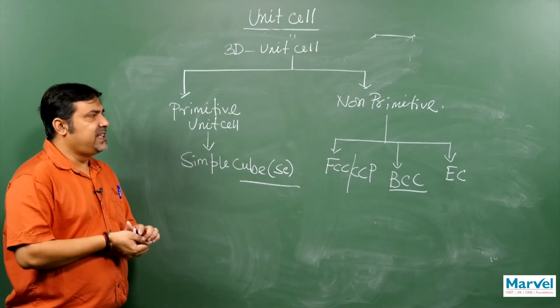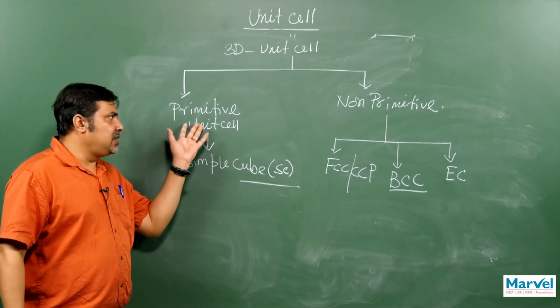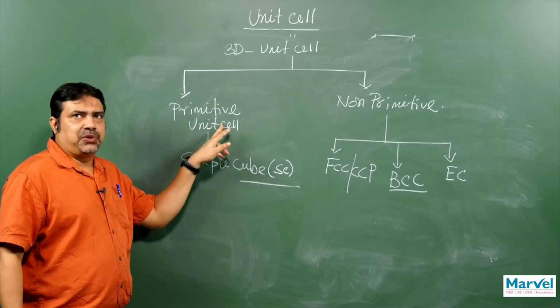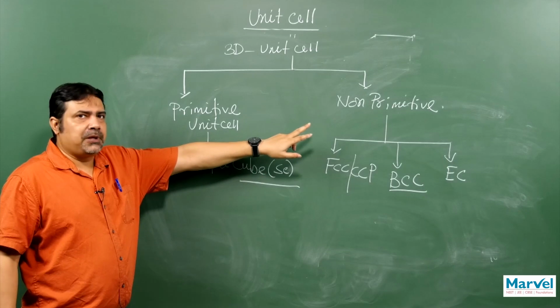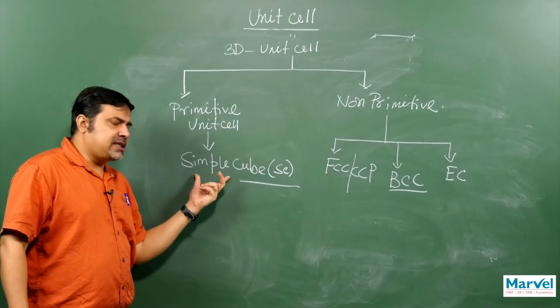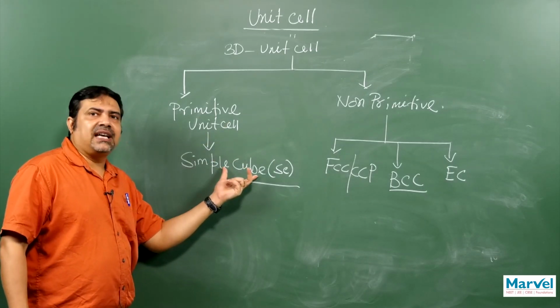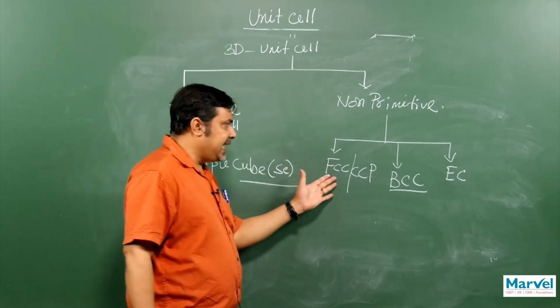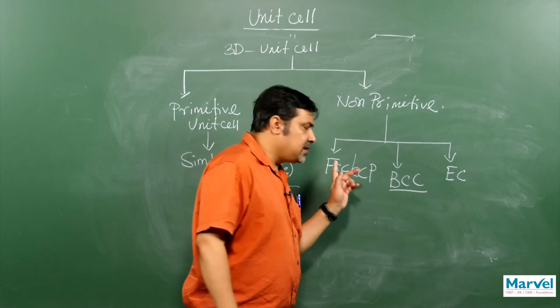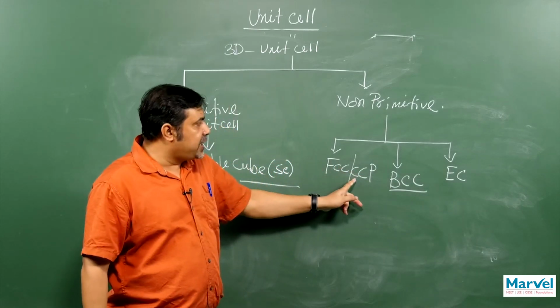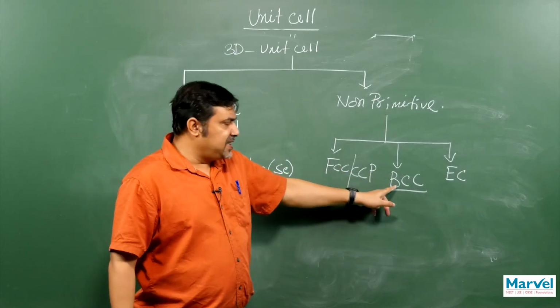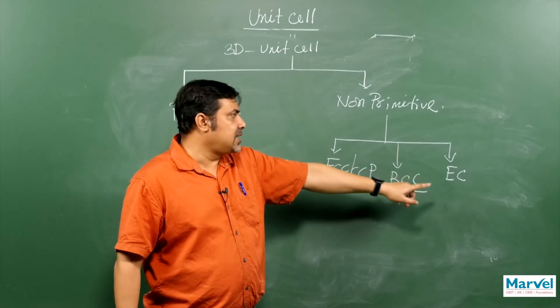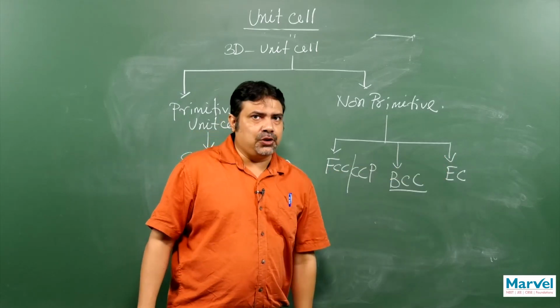What we need to know is that the three-dimensional unit cell is categorized into two categories: the primitive unit cell and the non-primitive unit cell. The primitive unit cell has only one category, the simple cube. The non-primitive unit cell has three categories: the face-centered cubical system or cubic close-packed system, BCC, the body-centered cubical system, and EC, the end-centered cubical system.